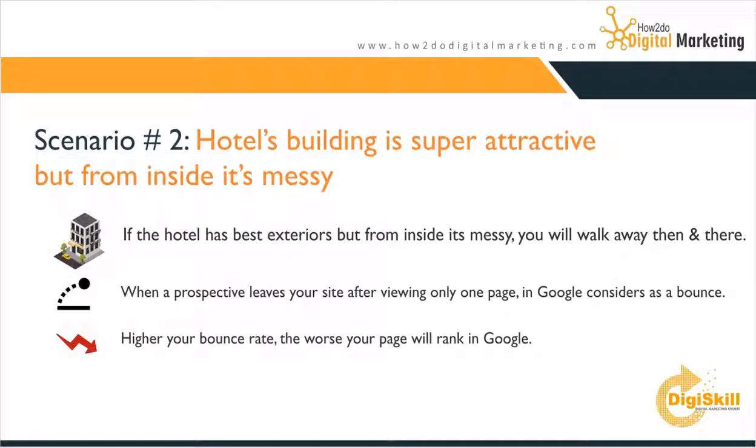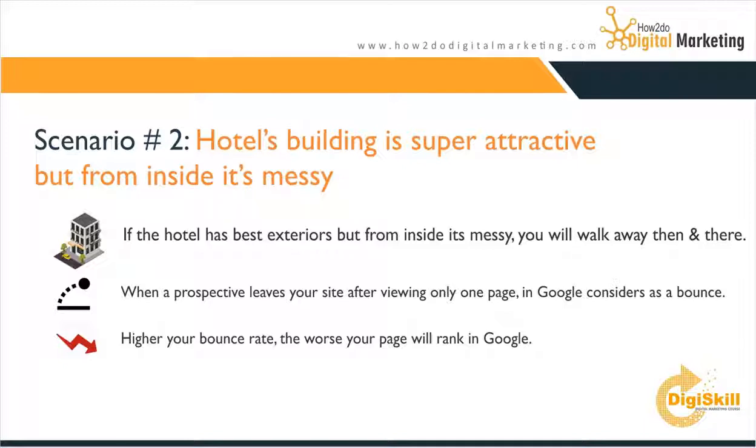Look at the other scenario. You have a sexy building on the main high street with a lovely board, a great looking building. People look at it and say, wow, that's a great looking building. But the minute they come inside, they find out that the walls are rotten, the bedspreads are thinning, there's water running in all the rooms, there are rats, there are cockroaches, the food is terrible, and the inside of the hotel is absolutely messy.